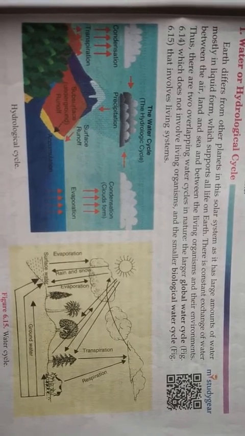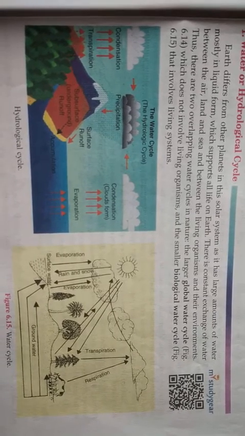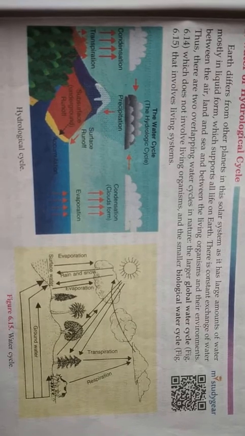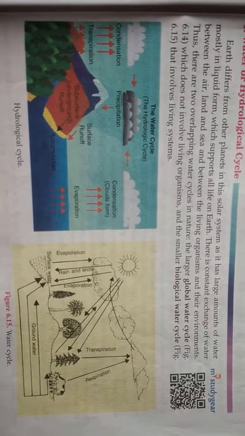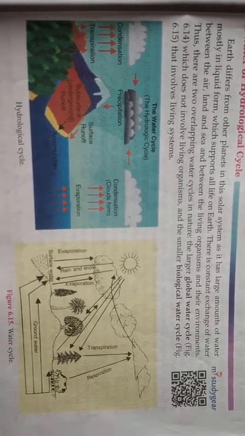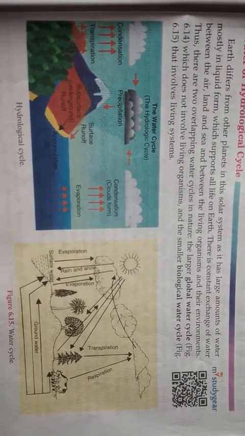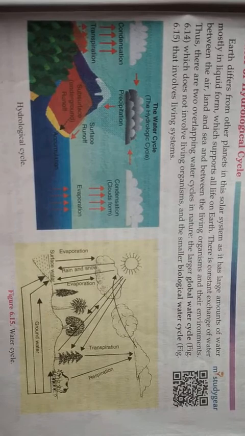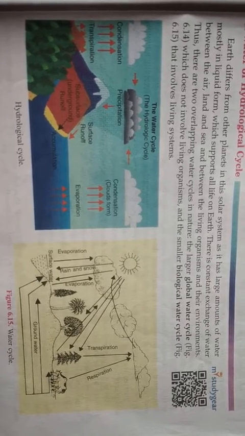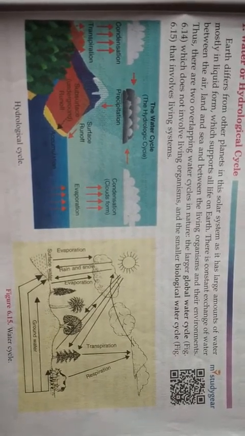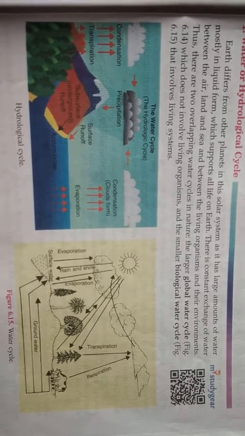The large amount of water present on the surface of the Earth is almost all in the liquid form, but a little is present in the form of ice, and a little in the form of vapor.